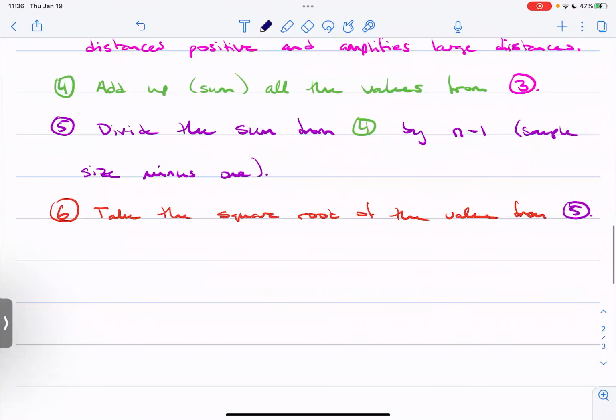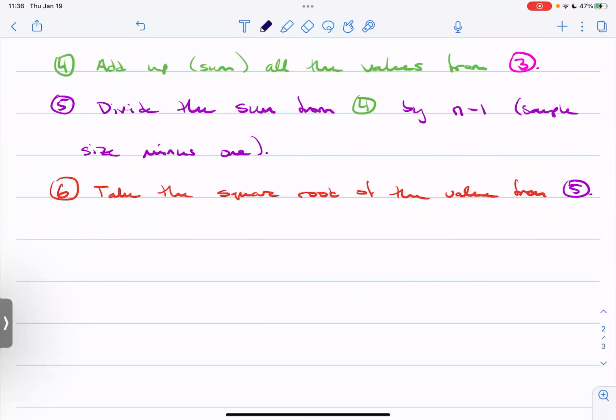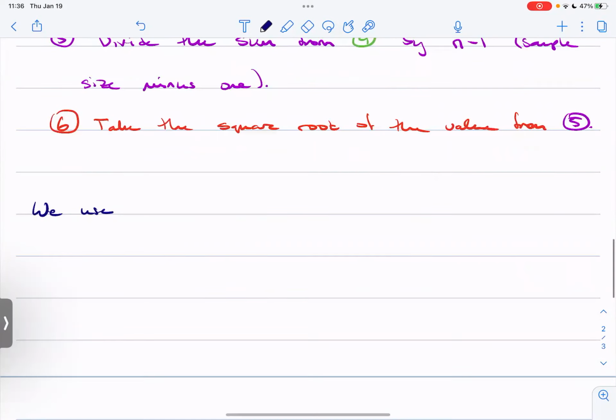So I'll make a quick note here. We will come back to it in a later section or a later chapter, I promise. But for now, it's just the measure of spread. So we use measures of spread to help us identify extreme values.